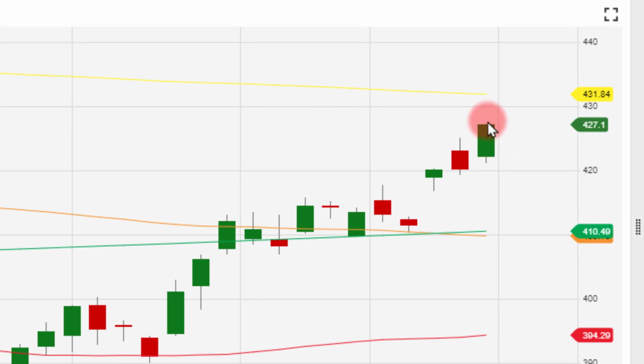Now, if you look really closely, might be hard to see in the video, but there's a tiny little shadow up here on the upper end. But remember, this side of the candle for a green candle is the close. So we opened up down here at this price, did trade a little bit lower, but throughout the day rallied really strong right into the closing bell. Shows tremendous conviction. So that gives you some good insights about the temperament of the bulls on that day.